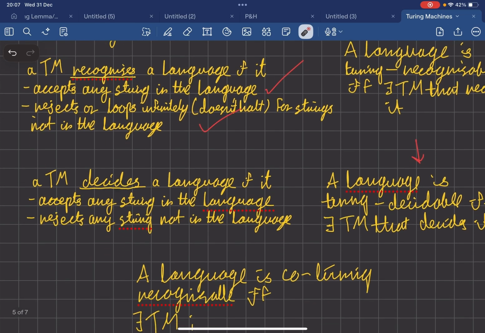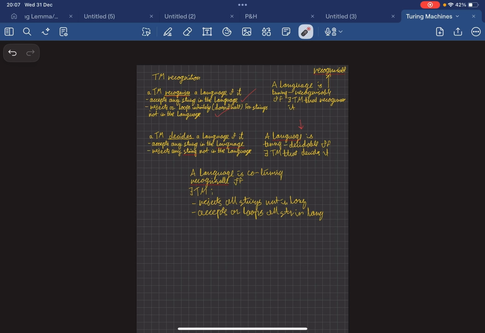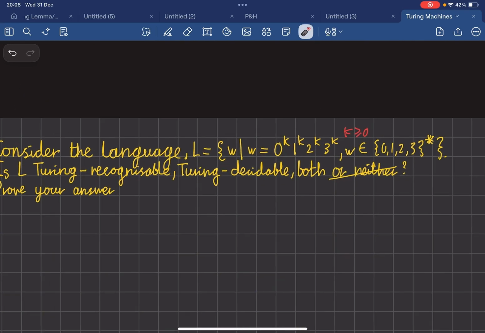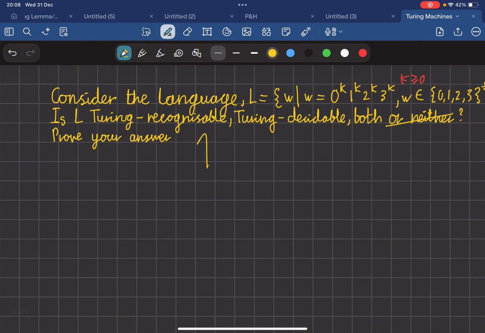And similarly, if we're trying to prove a language is decidable, we have to construct a Turing machine and then explain and reason on the fact that it decides that language. So for that, you have to show that it will accept any string in the language and reject any string not in the language. So that's what we're trying to do. For this question, we'll be trying to create a Turing machine and show that it either recognizes the language, decides it, or both.